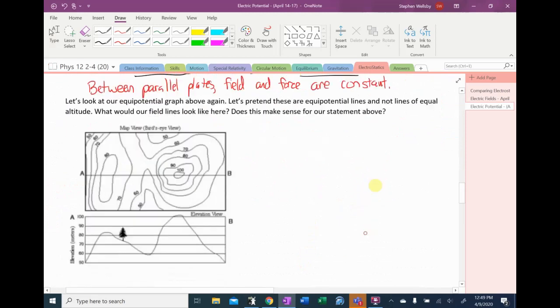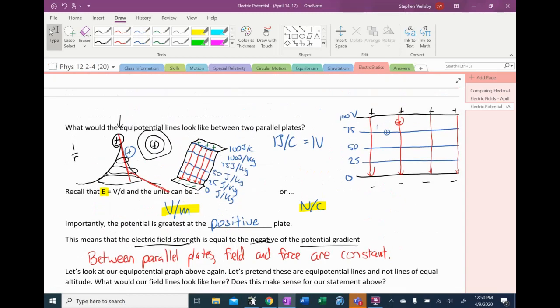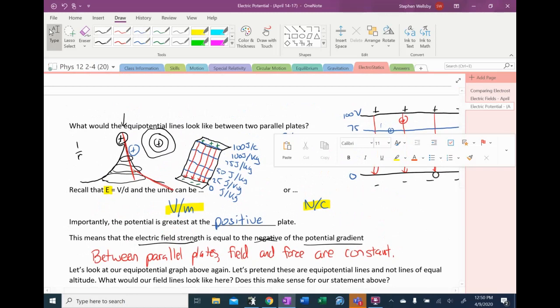Okay, let's look at this one more time. But now let's pretend that these equipotential lines are not lines of equal altitude, but lines of equal electric potential. So what would our field lines look like here? What we know is that our field lines are always going to be perpendicular to our potential lines.